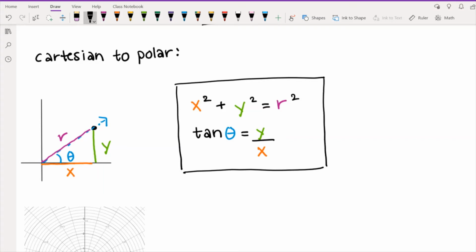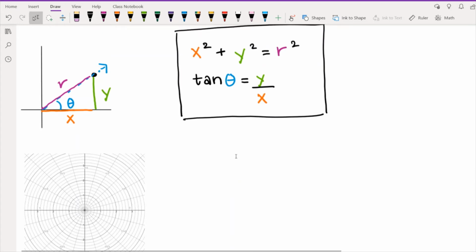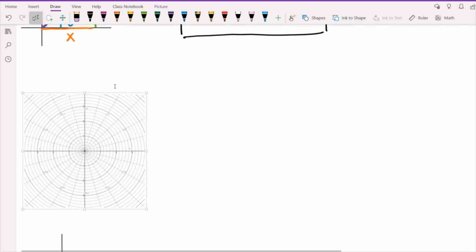Because you can have multiple values of theta that correspond to the same point. Okay, so let's see how this actually works, because like I said, this won't be as confusing as it seems when we do an actual example.